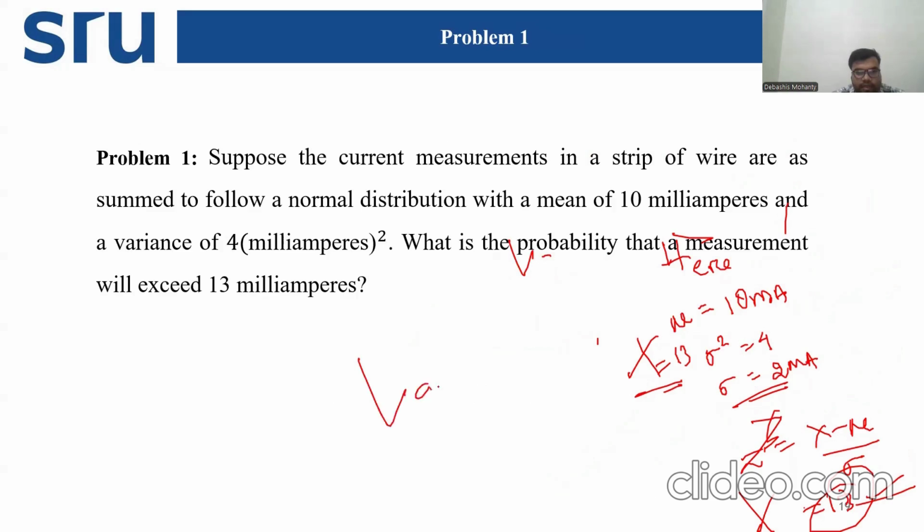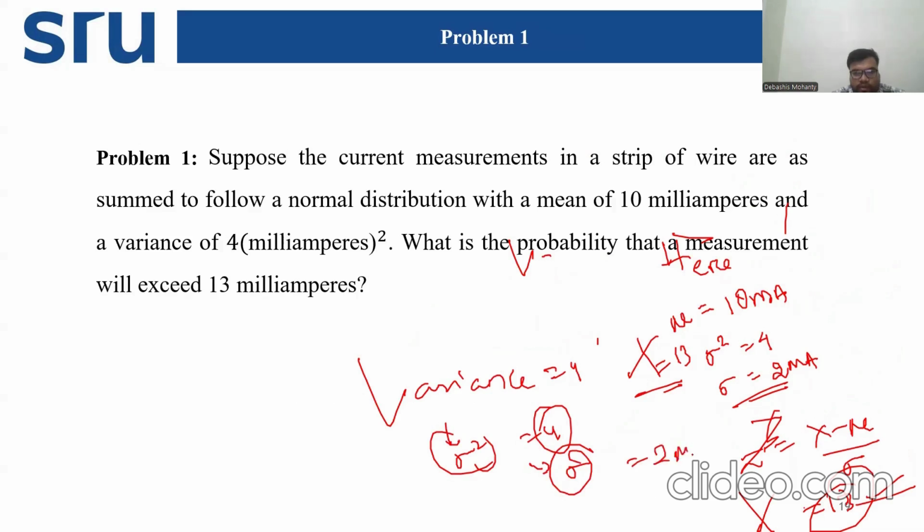Here the variance is given as 4, so sigma square is 4. So the sigma value will obviously be 2 milliampere, the square root of the variance. From that we get the standard deviation, sigma, as 2 milliampere.